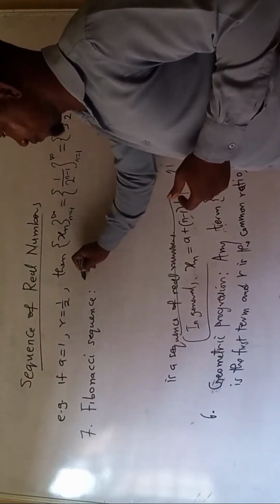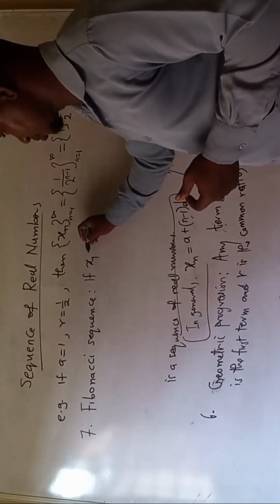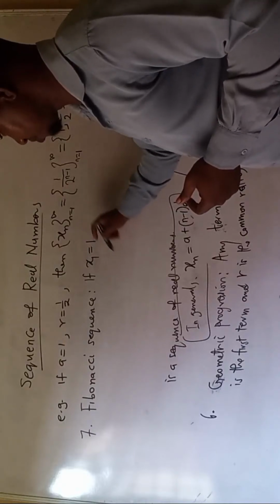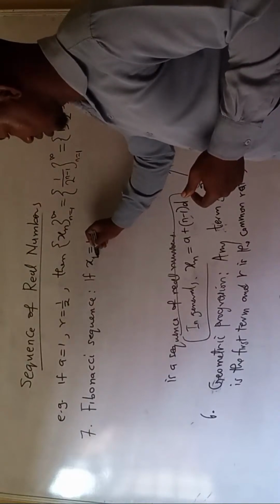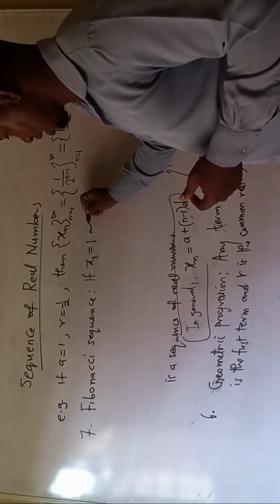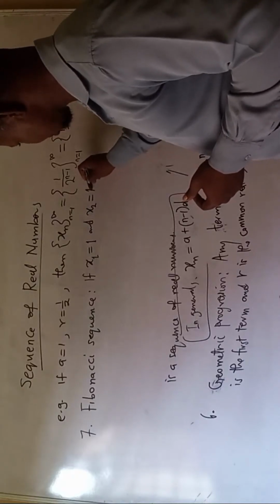This says if the first member x1 is 1, and x2 is also 1.